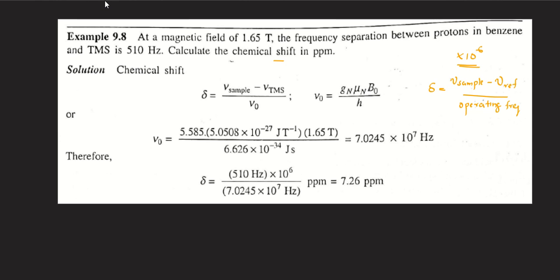If you require your answer in ppm, parts per million, then you have to multiply this by 10 raised to 6. This is very important. You have to remember this. If you are required to find out the answer in ppm, then please multiply your result by 10 raised to 6.